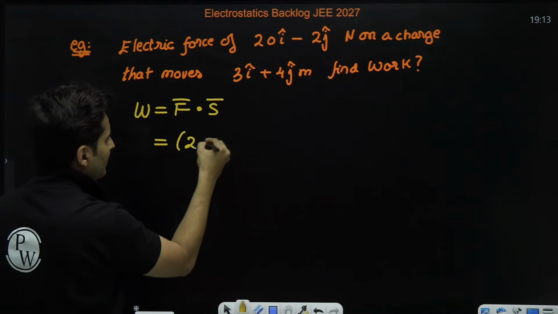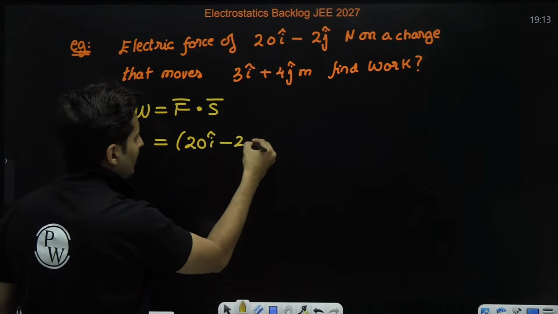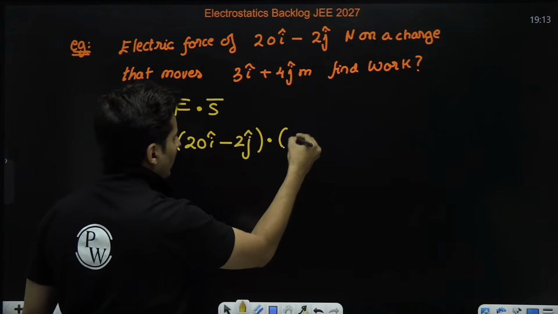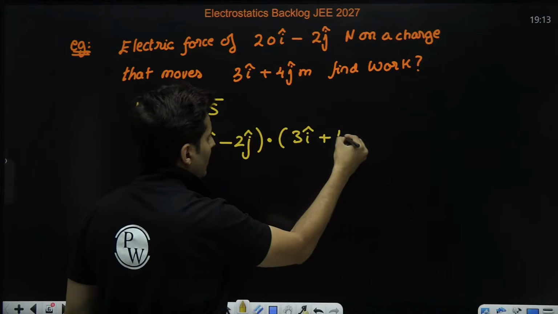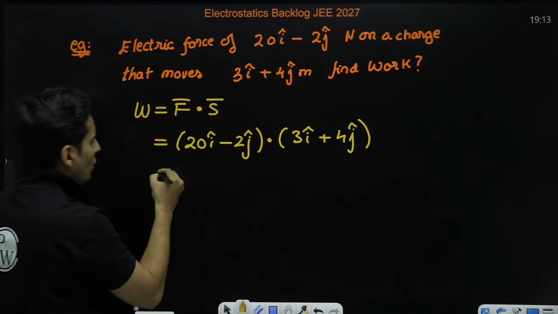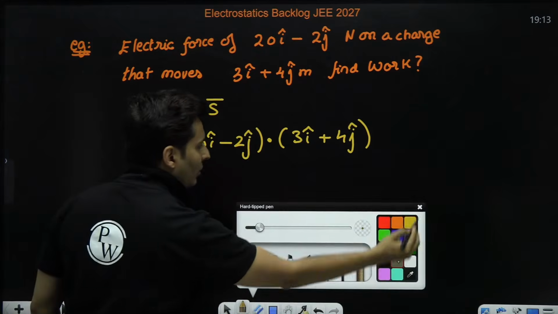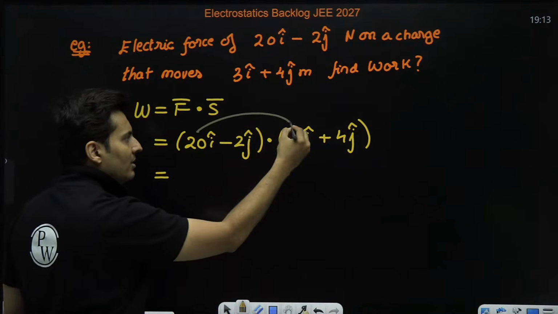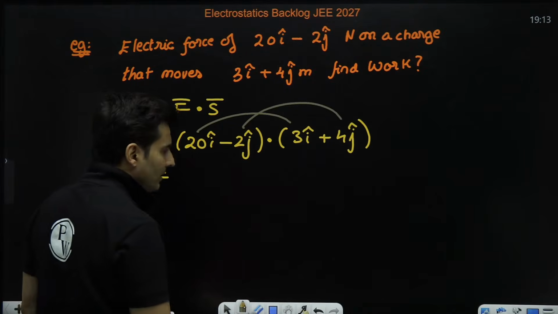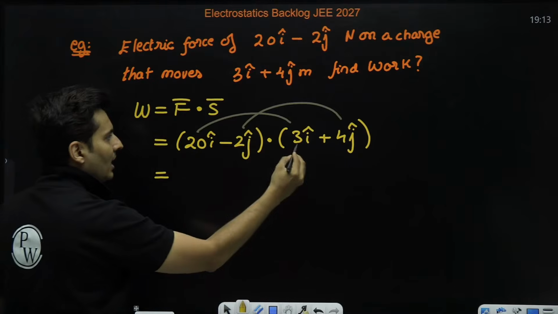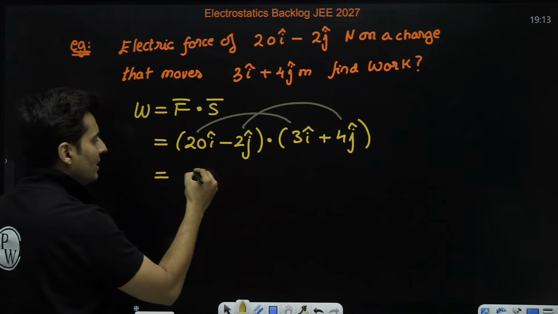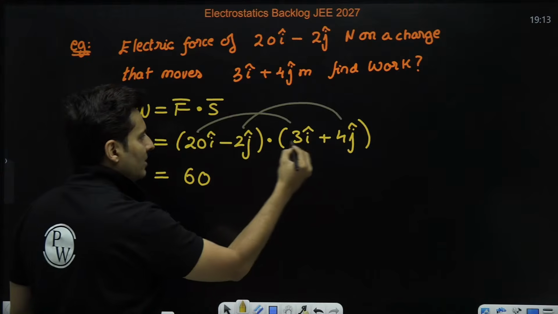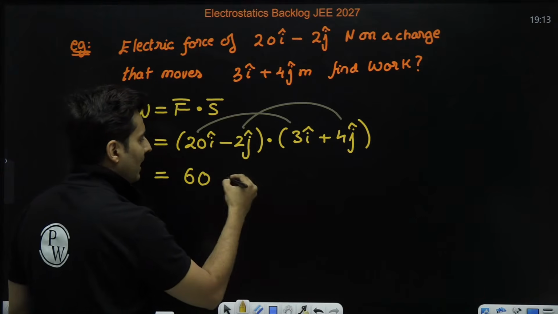My force is 20 i cap minus 2 j cap dot producted with 3 i cap plus 4 j cap. So using the rules of dot product, i cap multiplies with i cap, j cap multiplies with j cap. So 20 i cap into 3 i cap, 20 into 3 is 60. Minus 2 into plus 4 is minus 8.